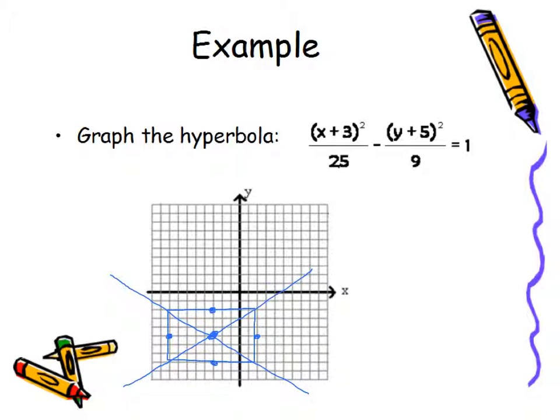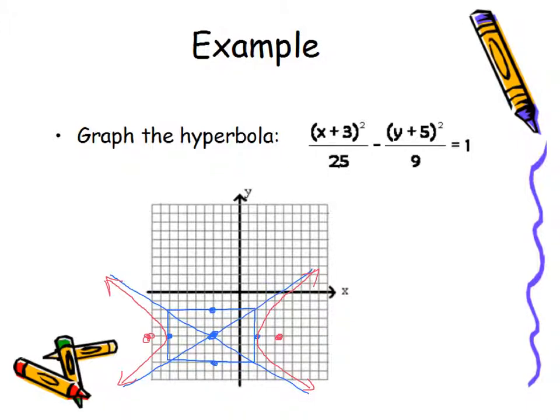Once again, the x is the positive term, so that means I'm going to be opening this thing on the sides. Touch the box, go approach. Come over here, touch the box, go approach. All right, always put the foci in the cup of the hyperbola.